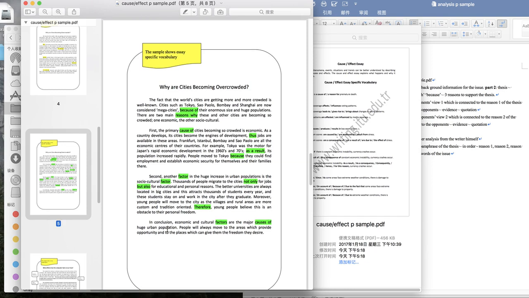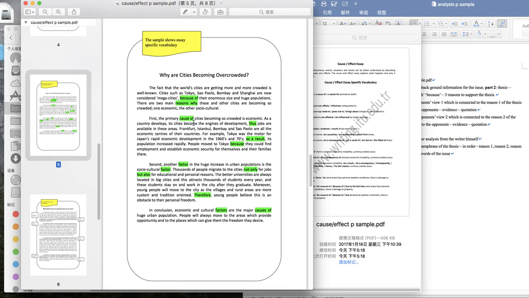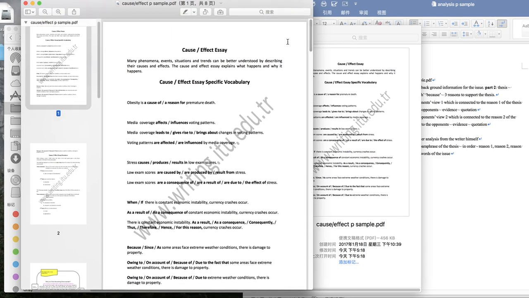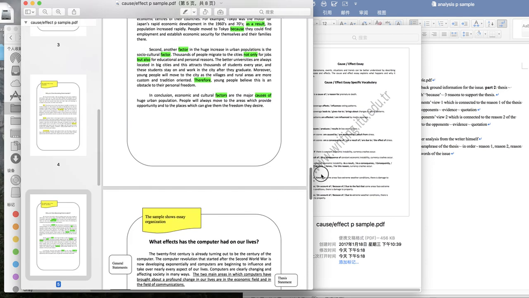This is actually effect. Causes of is actually effect. When you read this part, I recommend you come back to this part. Then you will know how to better write cause or effect papers.